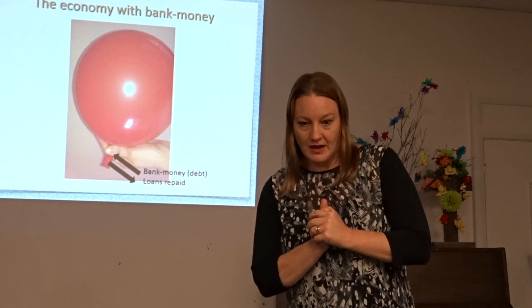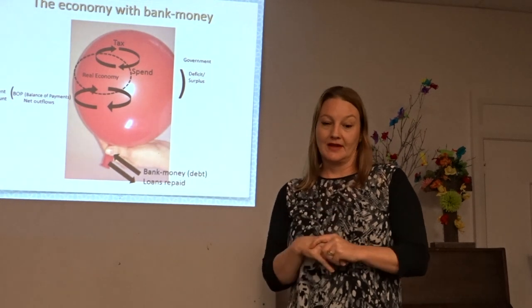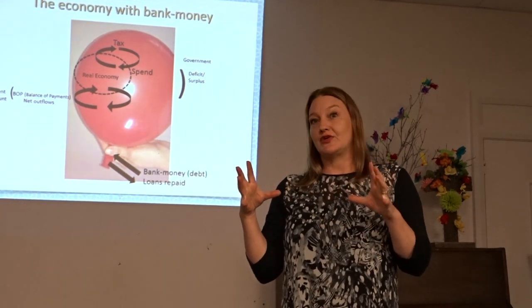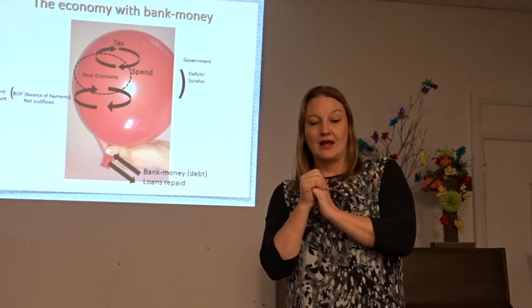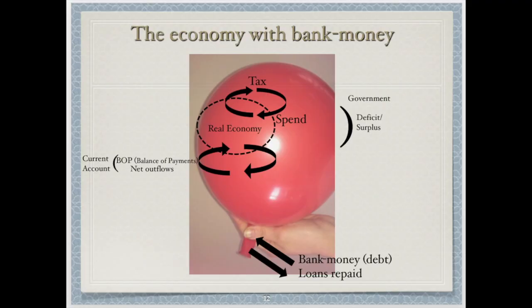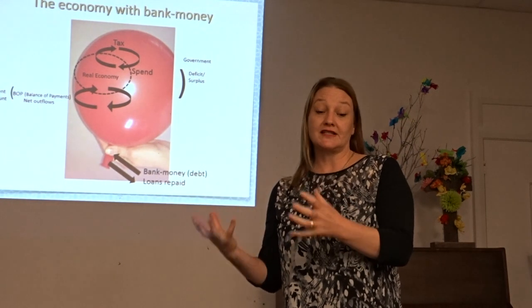So, if we have a look at the economy within the balloon. A lot of that is the non-productive economy, but the real part of the economy is a small part of that balloon. What we see here is that the government can take some money out as tax and re-spend it as expenditure into our society, into the economy, and that gives them a surplus or a deficit.